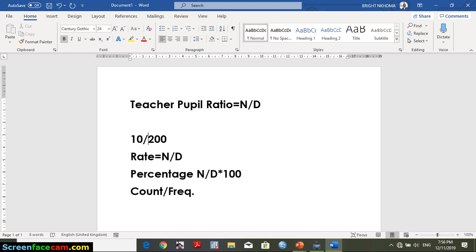Let's say we've got 10 teachers at Vubi Primary School, then the number of pupils are 2,000. So 2,000 divided by 10 gives us 200, right? Then it means you have a single teacher who is now teaching about 200 pupils.